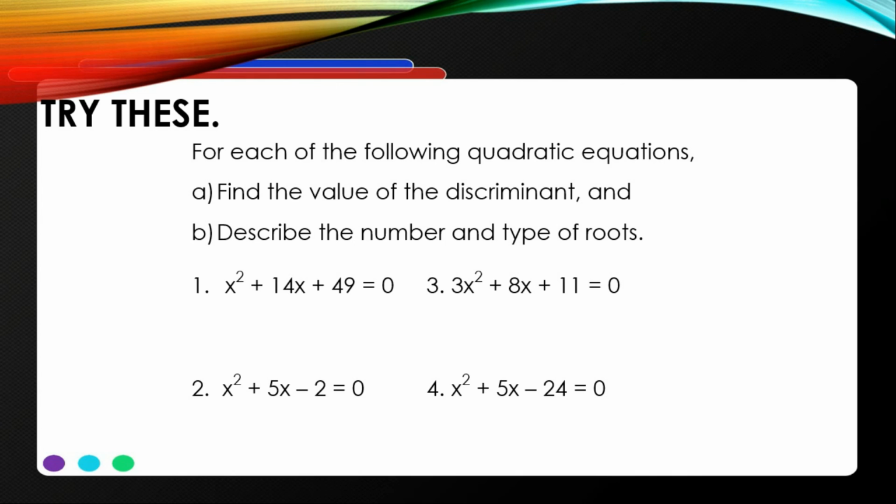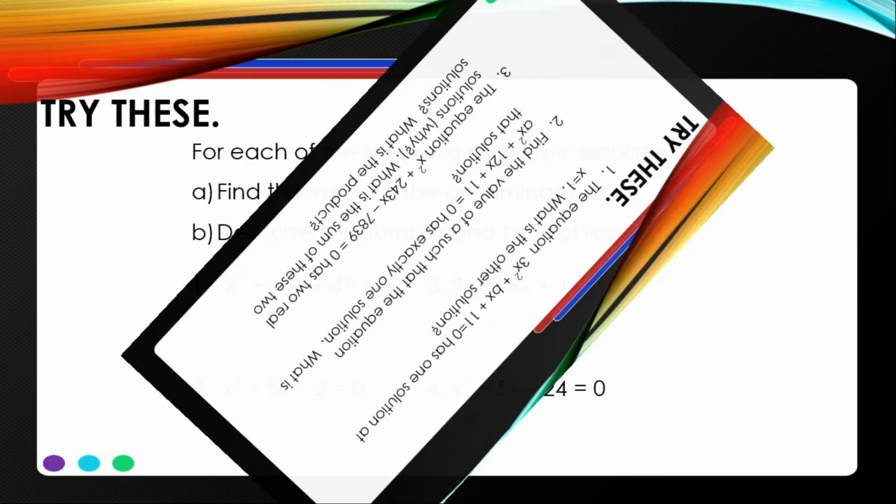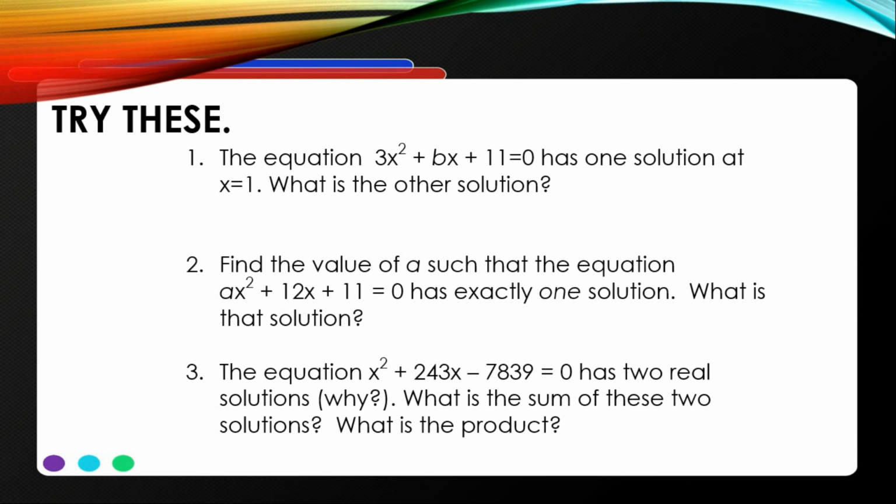And I also have another thing, which is this one. Try this. This is quite a challenging part in which, for number 1, you will get the value of the middle term. And for number 2, you will try to get the value of a.